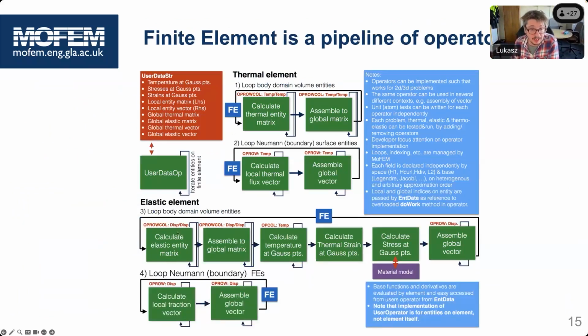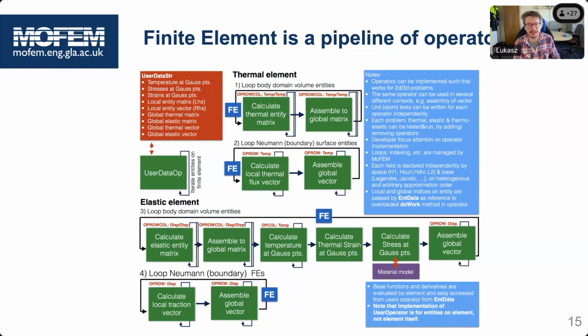So then how it works: the user pushes the operators into the pipeline. The pipeline is in fact a finite element, and then you can have several pipelines, one which integrates on the volume, one which integrates on the boundary, one on the skeleton, and a pipeline for the right-hand side and so on. And the pipeline has its own operators.